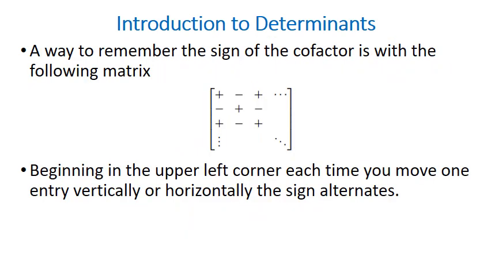So there's a way to remember the sign of the cofactor, which is that everything alternates. So if you look at this matrix here, when we use that IJ cofactor, the rows and the columns will alternate sign. And again, that first factor from that definition that we just saw determines this alternating sign pattern.